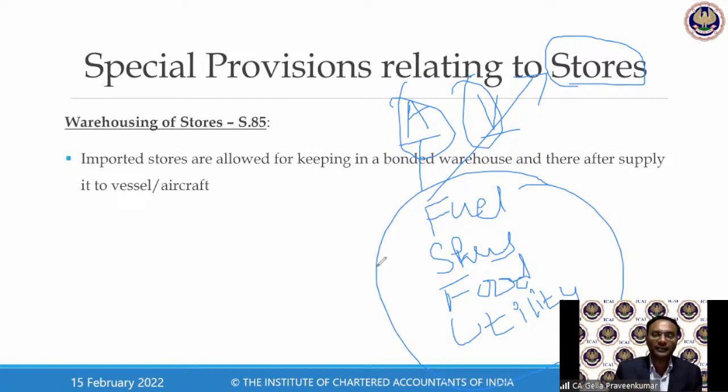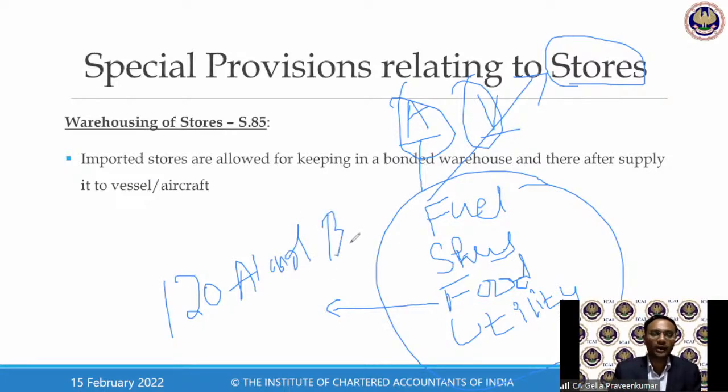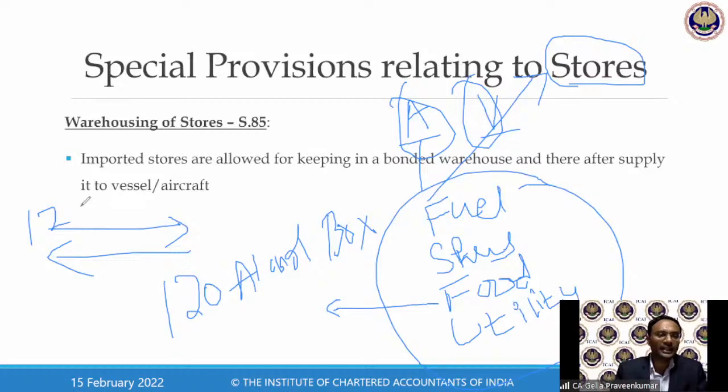So when I say food, say there are 120 alcohol boxes. If they say I give a free hand to come in and go out, the ship has come with 120 boxes and it is going back with, say, 80 boxes.